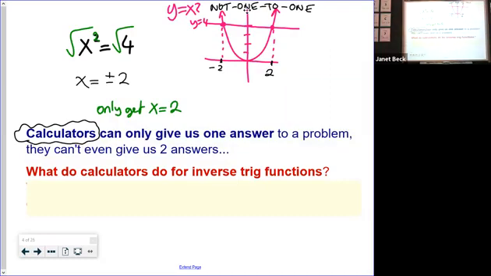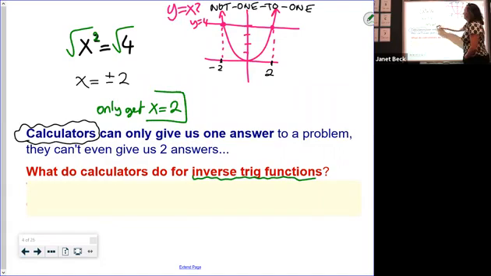Calculators can only give us one answer to a problem. They can't give us two answers. If we were on inverse trig, they certainly couldn't give us an infinite number of answers. Now, why does the calculator only give us one answer, and why does it choose this answer and not -2?